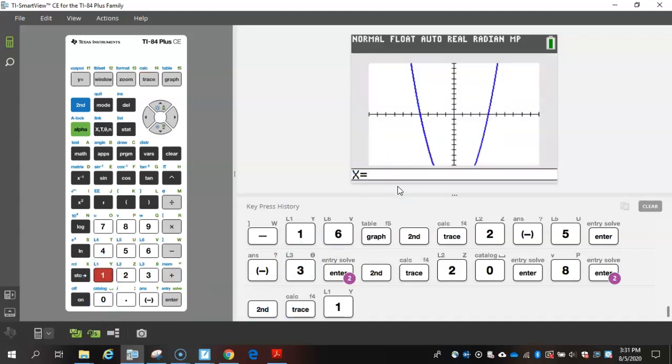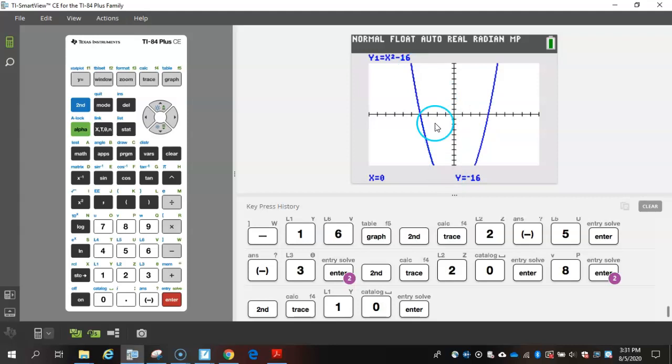Well, if you're looking for the y-intercept, what does x have to be? 0. I'm hoping that's what you said. So I put in 0, I press enter, and the graph doesn't move, but it will tell me that my y-intercept is -16 when x is 0. So that is one way you can use your calculator.